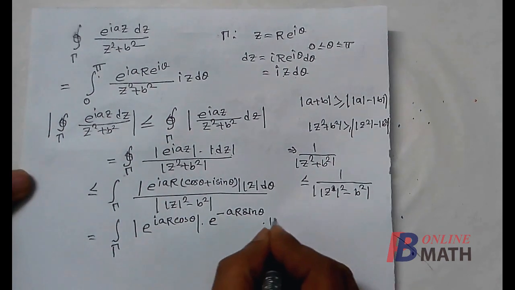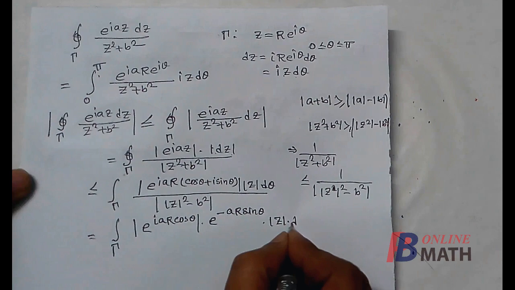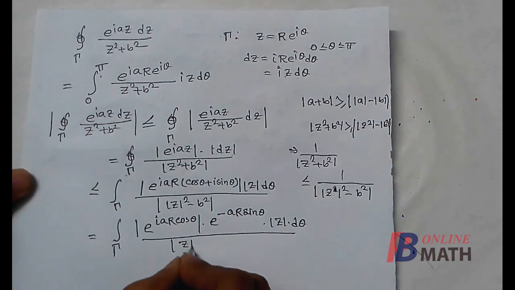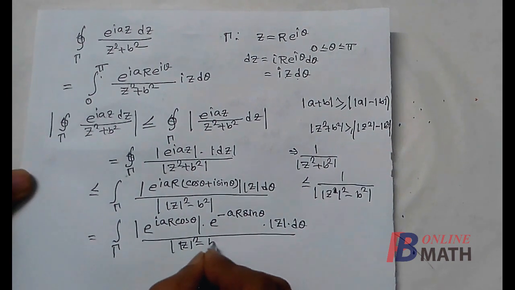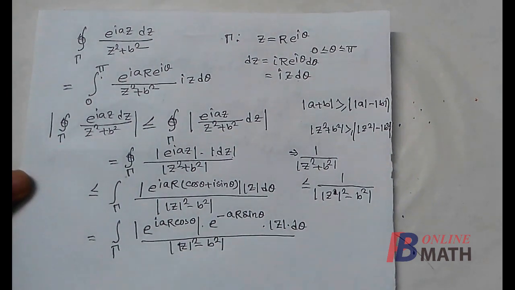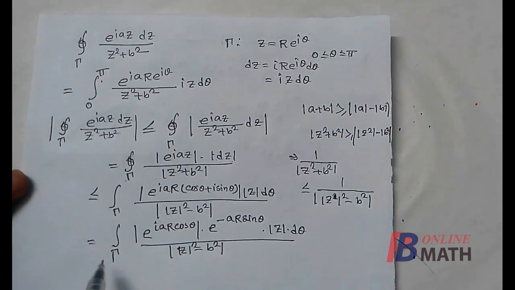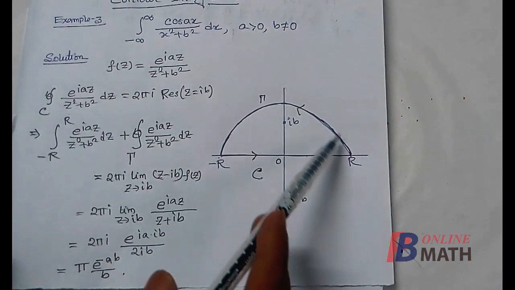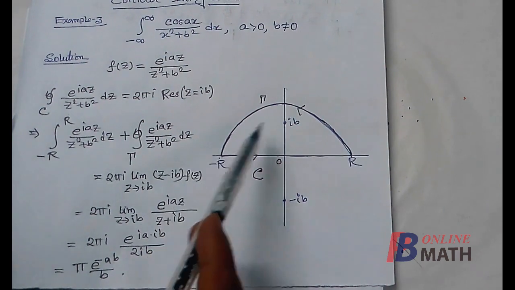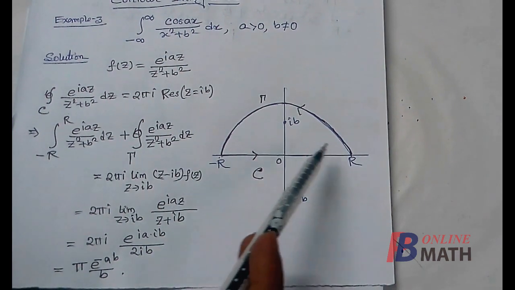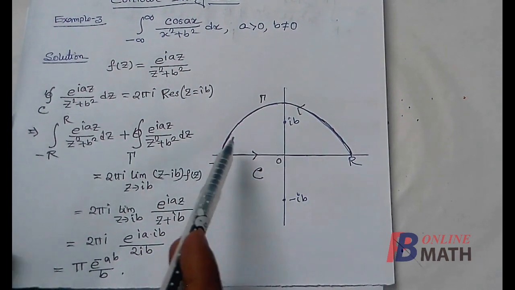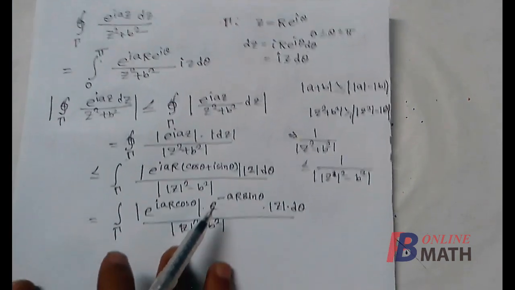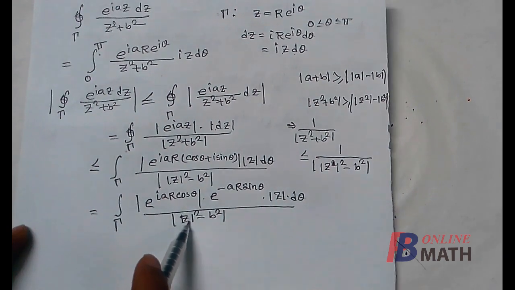It is multiplied by mod z d theta divided by mod z square minus b square, its modulus. Now along this curve gamma, the value of modulus z is always capital R, the radius. So along this curve gamma, we can put mod z equal to capital R.